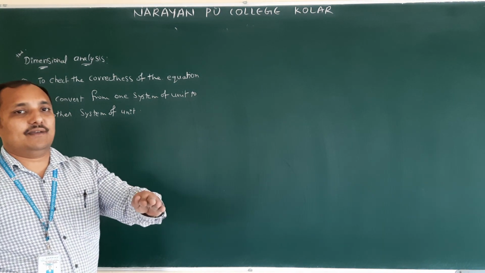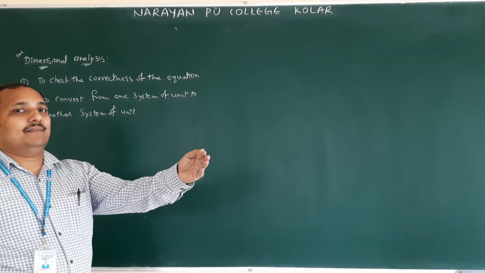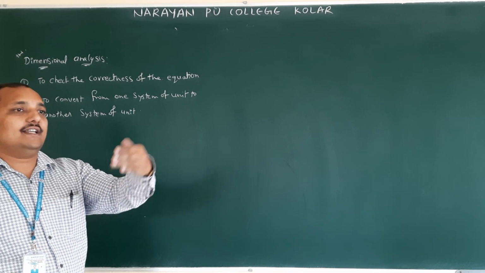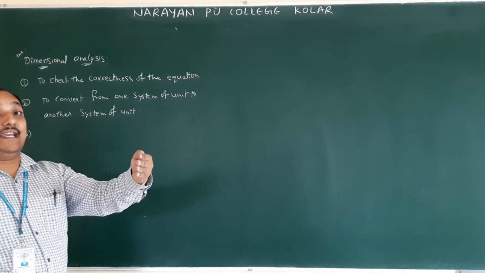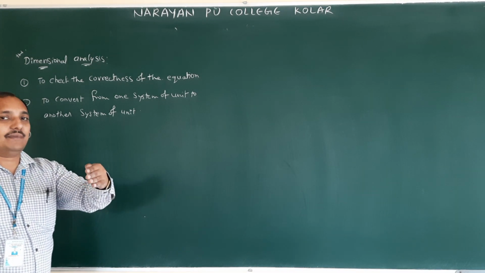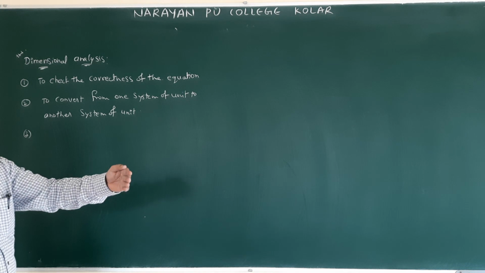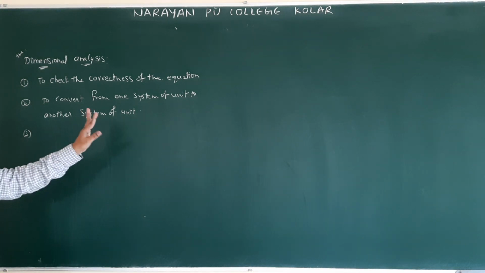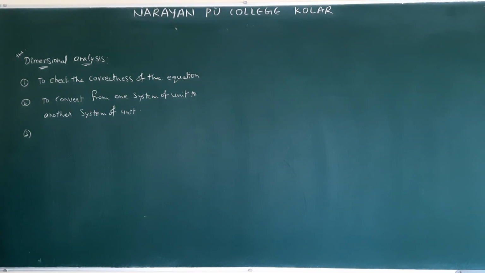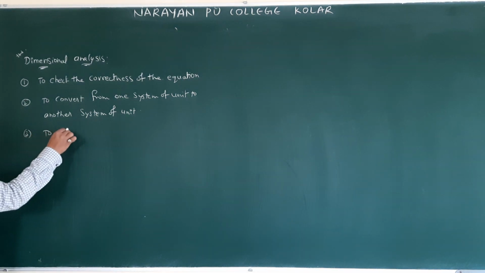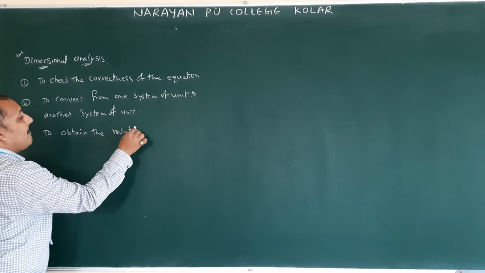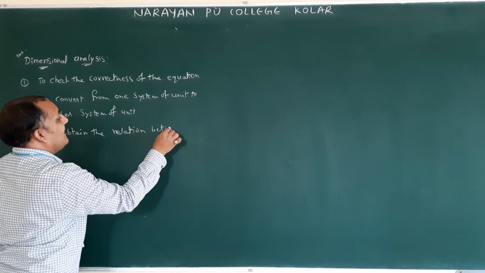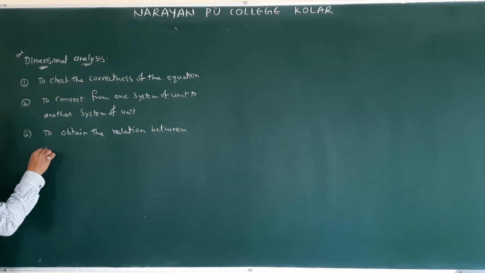So meter to centimeter: meter is MKS, centimeter is CGS. Like that, force, Newton to dyne: Newton is MKS, dyne is CGS. Like that, to convert from one system of unit to another. The last one is to obtain the relation between physical quantities.